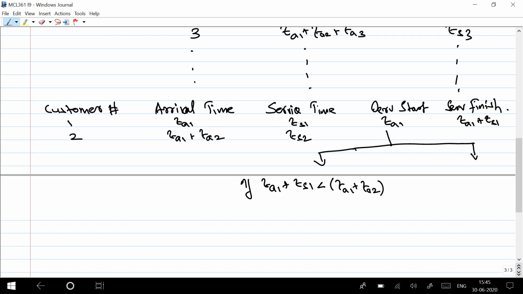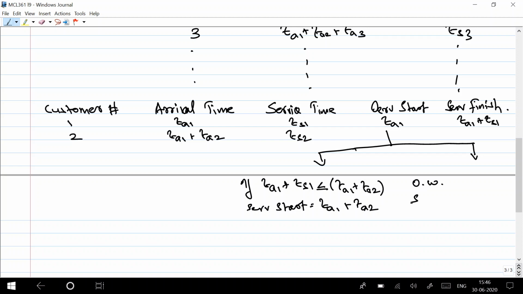The server is free at the time that the second customer arrives. If the server is free at the time that the second customer arrives, then the service start time for the second customer is just TA1 plus TA2.